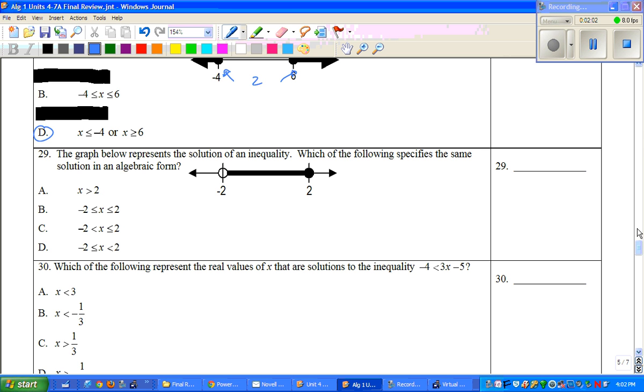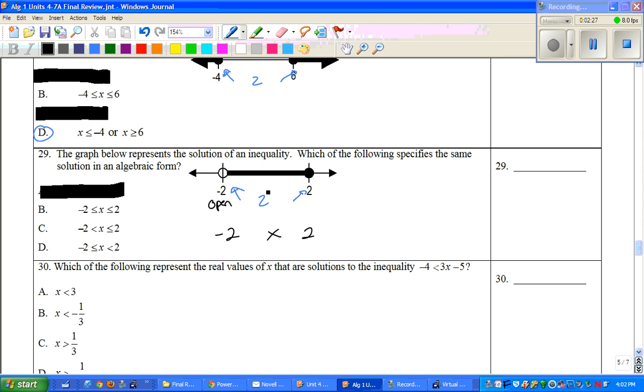Number 29. We're doing the same directions. Okay. Now, same thing as the last one. We have two pieces of information here. So that's what we need to know. Now, we have a -2, and we've got a 2. The x goes in the middle.